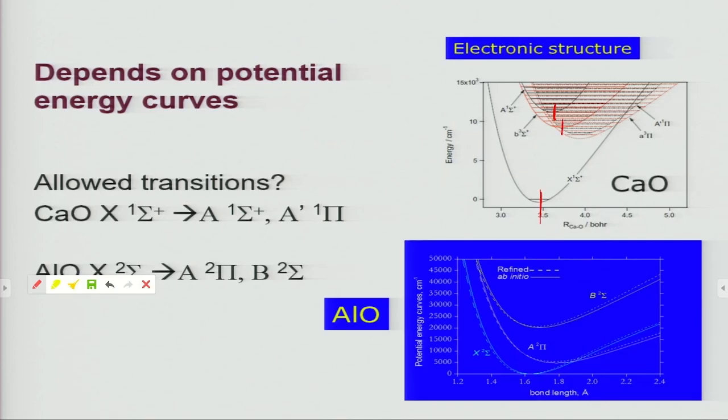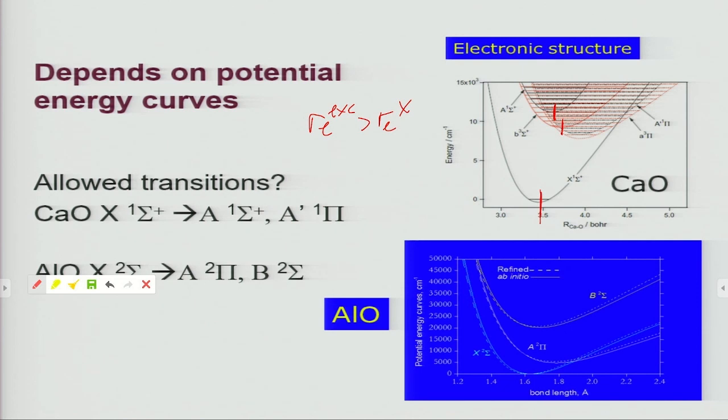And R_e shifts. So that leads to rotational constants being significantly different. And typically, in a typical example, the excited states are longer. So that means R_e excited is greater than R_e of X. So the R_e for the ground state typically is shorter.